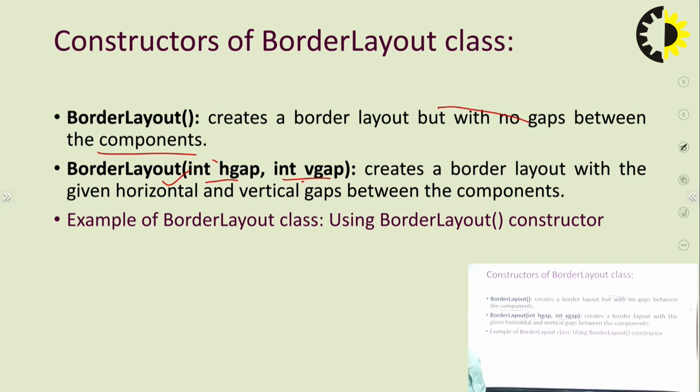That means it will create the border layout without gaps. If you want to provide gaps, we will use the parameterized constructor, which takes the horizontal gap and the vertical gap. It creates a BorderLayout with the given horizontal and vertical gaps between the components.